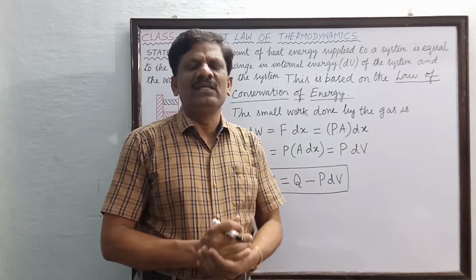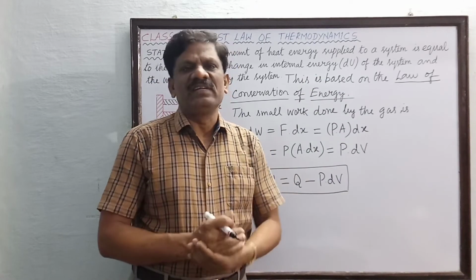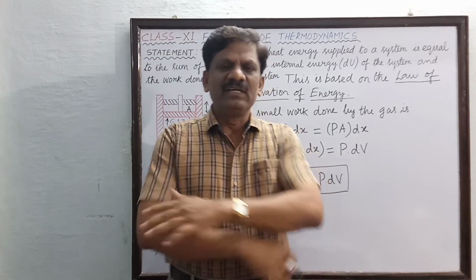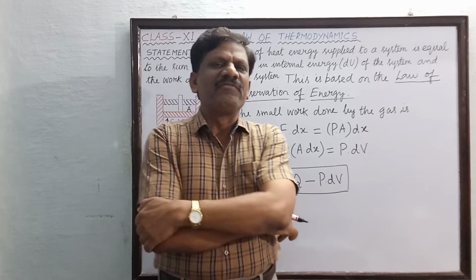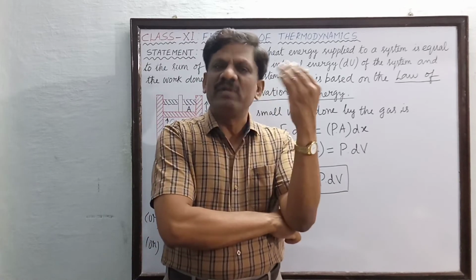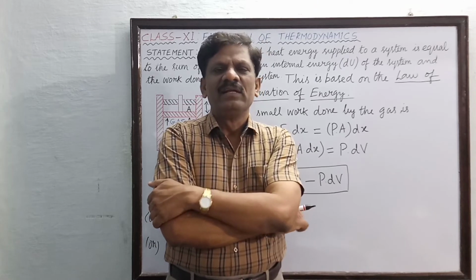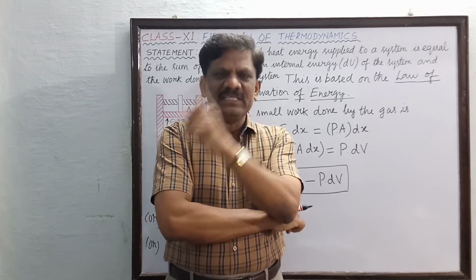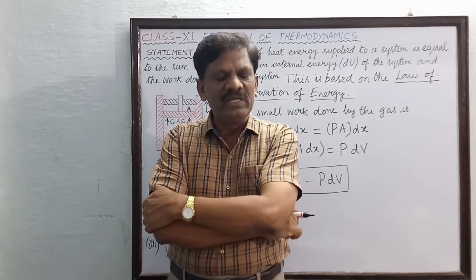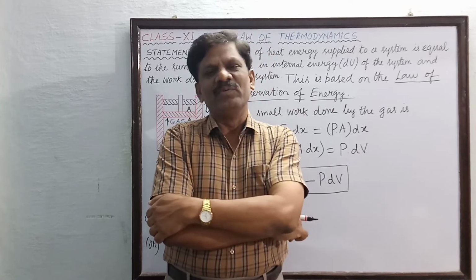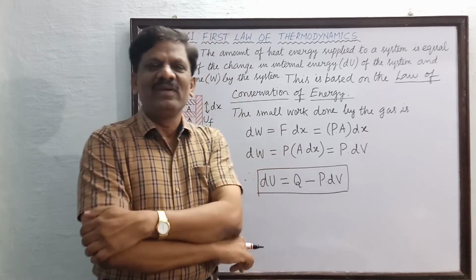So clearly you must be thorough with it. What is the statement? According to the first law of thermodynamics, the quantity of heat Q supplied to a system is equal to the sum of two terms. What are they? The sum of the change in internal energy of the system dU and the work done by the system W. I hope you have understood well. Fine.